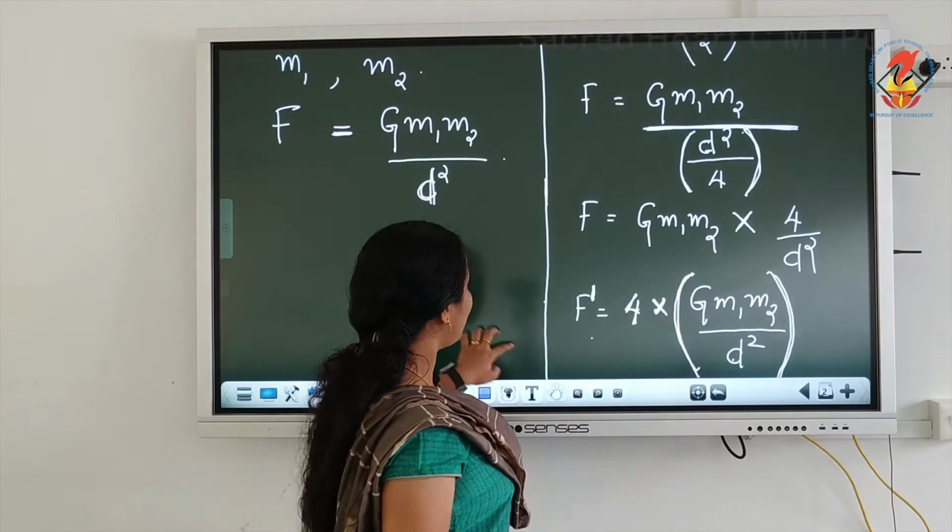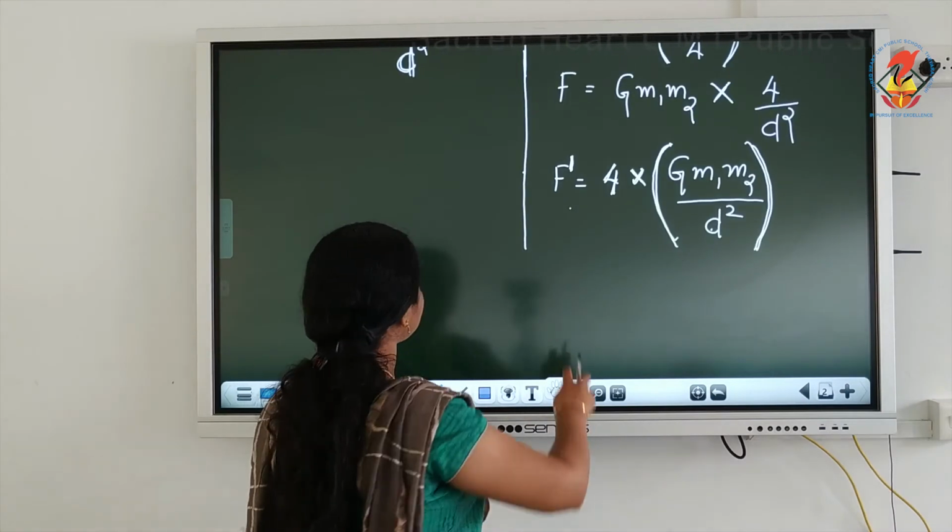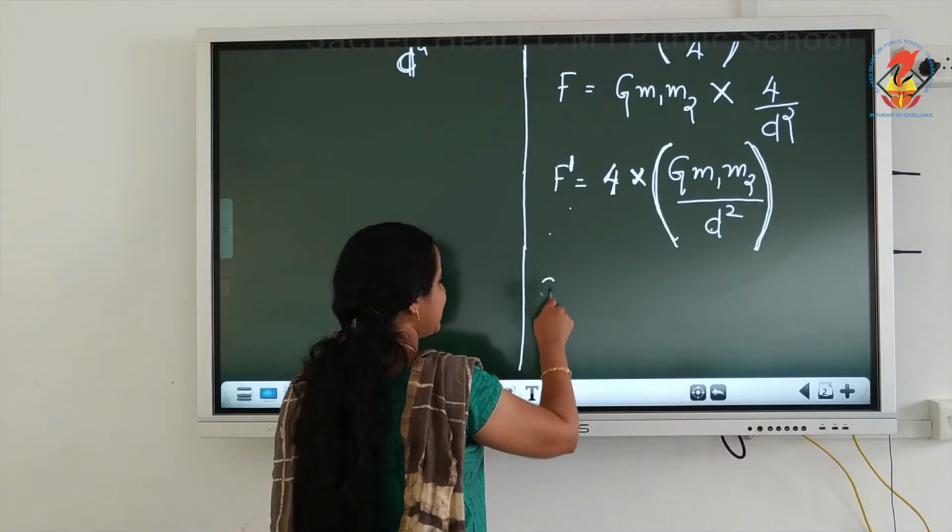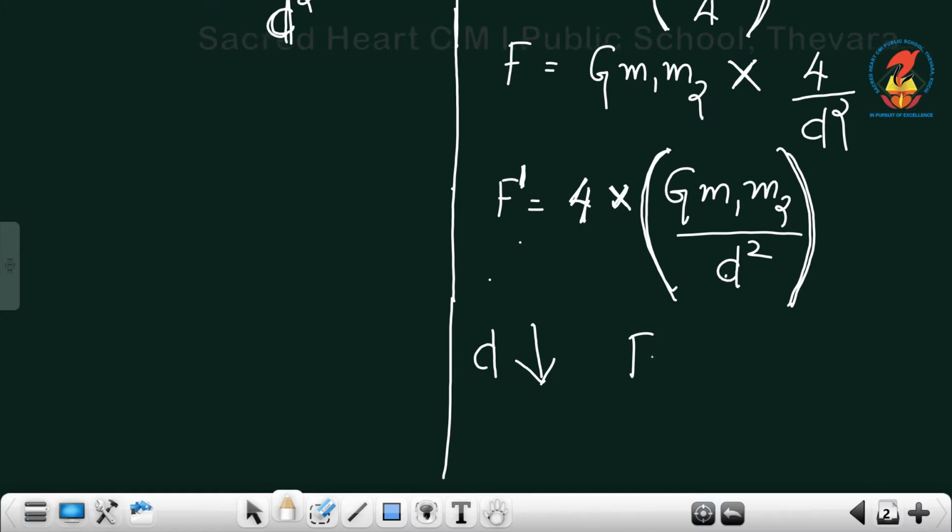So from this problem, it is clear that when distance decreases, force will increase. Here distance got reduced by half, so the force increased by 4. So when distance increases, force decreases.